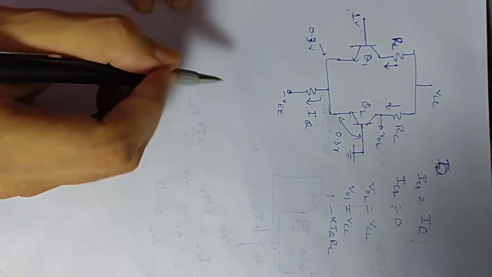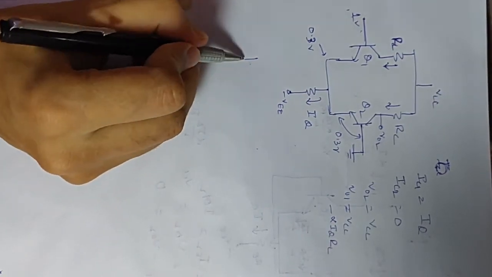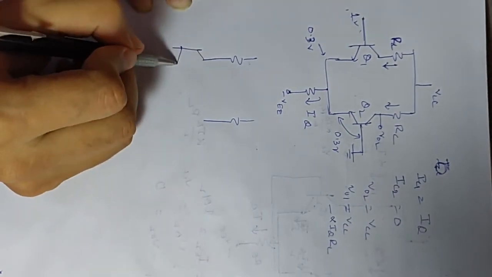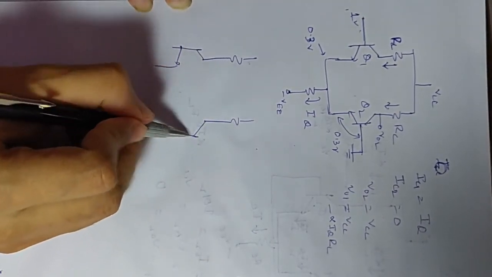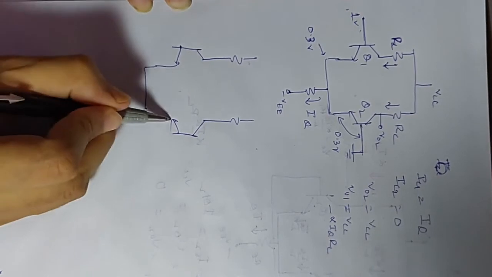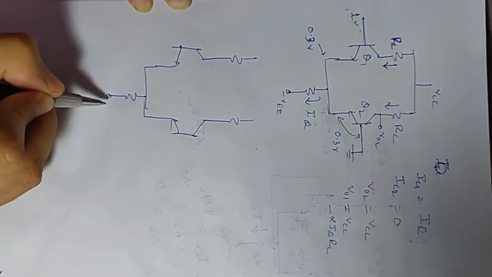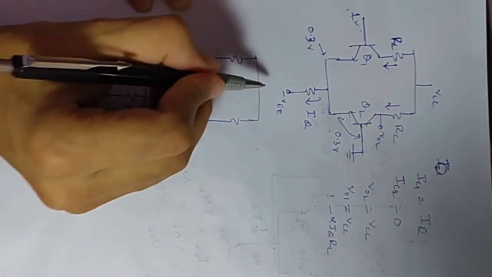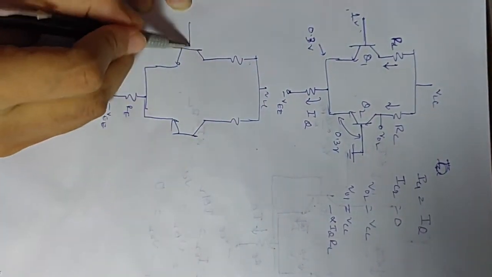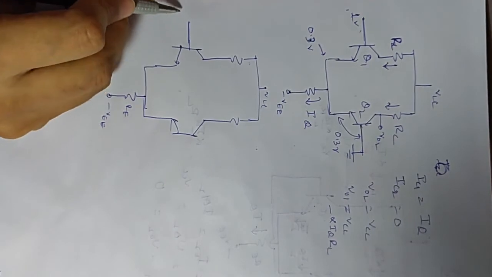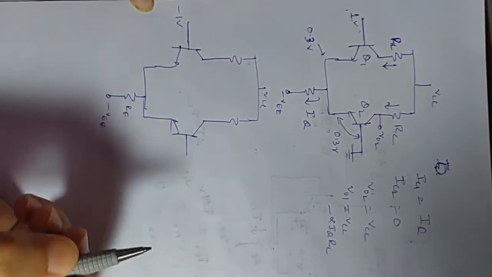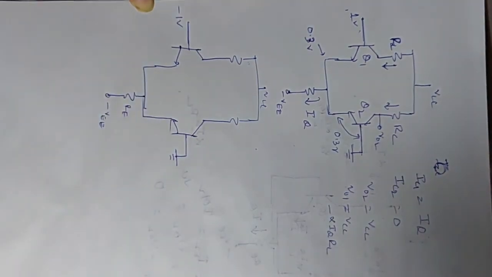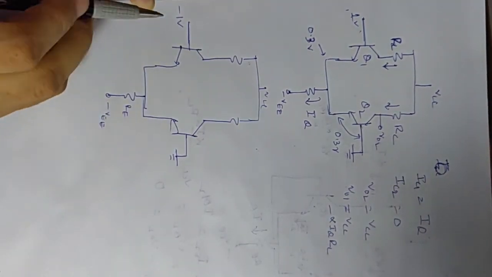So if I consider in the second case, if I connect this base to minus 1 volt and that to ground, so what will happen in this case?